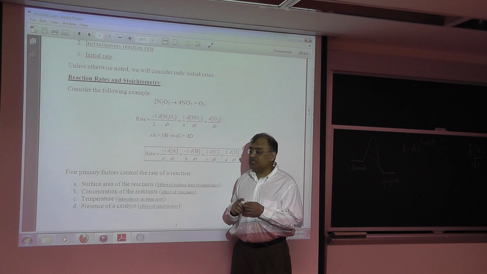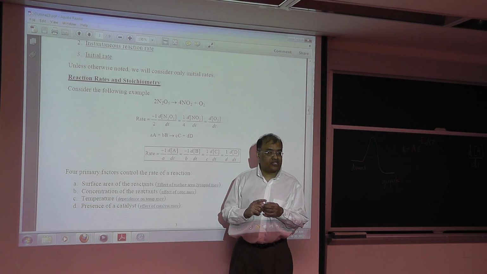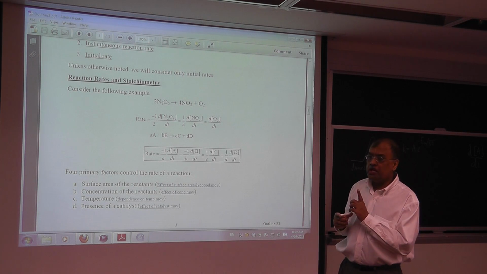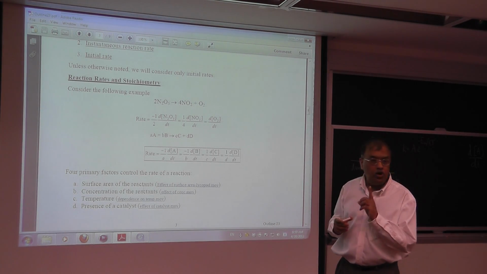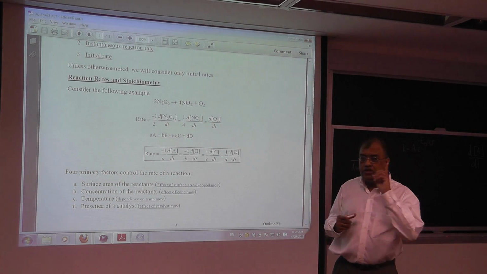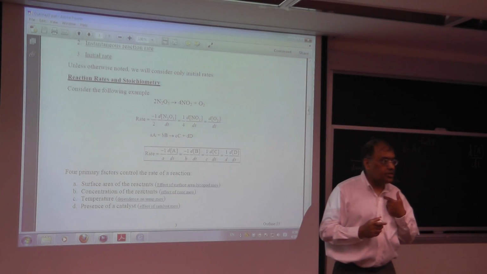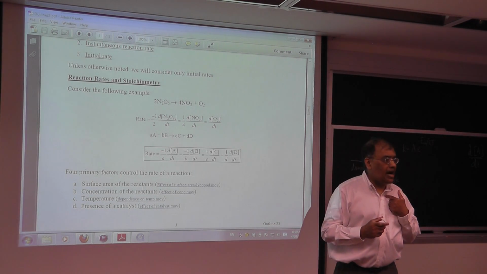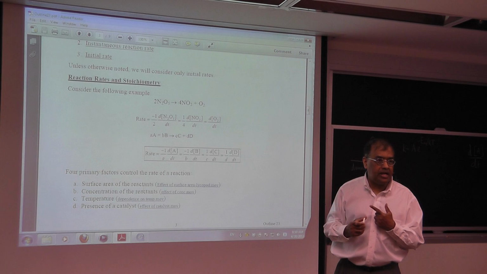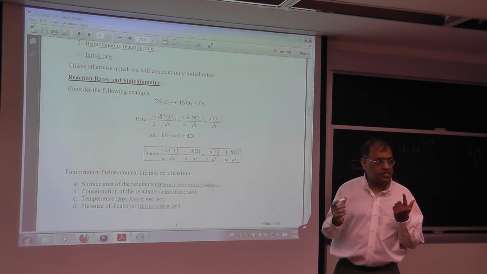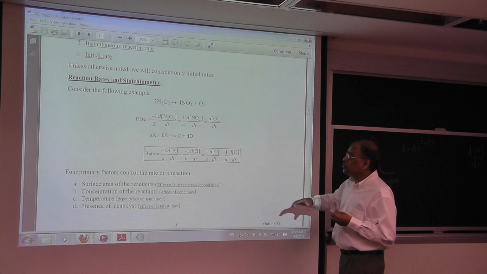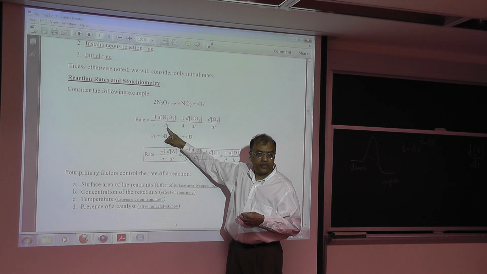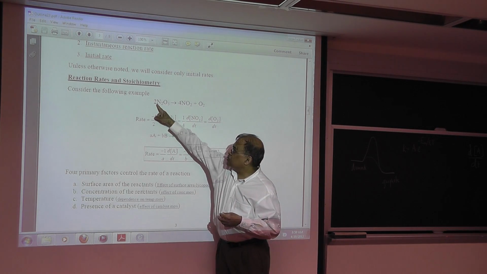So when we write the rate of a reaction, we have to be cognizant of the stoichiometric coefficients, because we don't want to have two different answers. Whether you write the rate or I write the rate, whether you choose one molecule or I choose another, the rate should be the same. So we say d[N2O5]/dt, but we're going to divide by 2 here.